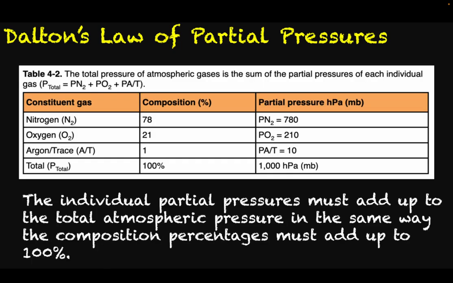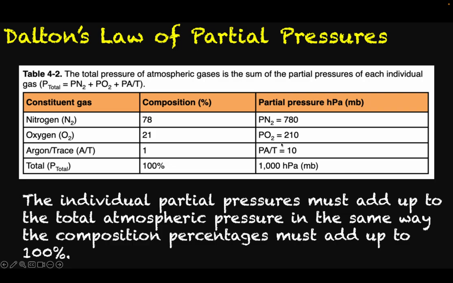So again, the idea of Dalton's law of partial pressures is that the composition of the atmosphere for each gas helps determine what the partial pressure is at that particular total air pressure. So again, nitrogen is about 78%. So if your total air pressure is 1,000 pascals or millibars, then 78% of that would be nitrogen, so that would give you a partial pressure of 780.